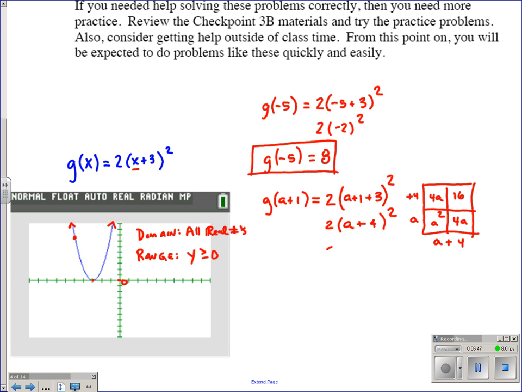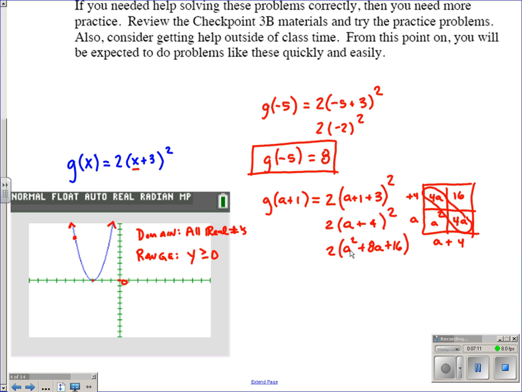So we're looking at 2 times a squared. Now we have a 4a and a 4a. When you add those together, we should have 8a. And then plus 16. And lastly, we need to distribute our 2 through, because we have 2 of these, it says.